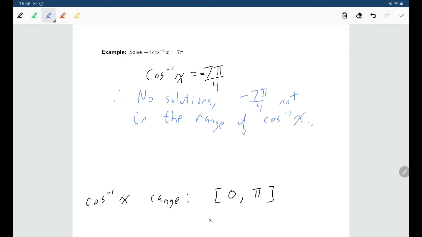And this is the important thing here. We have to be kind of clever, because if you didn't do this, you could send yourself down the wrong path and come up with what looks like an answer, but is actually incorrect.